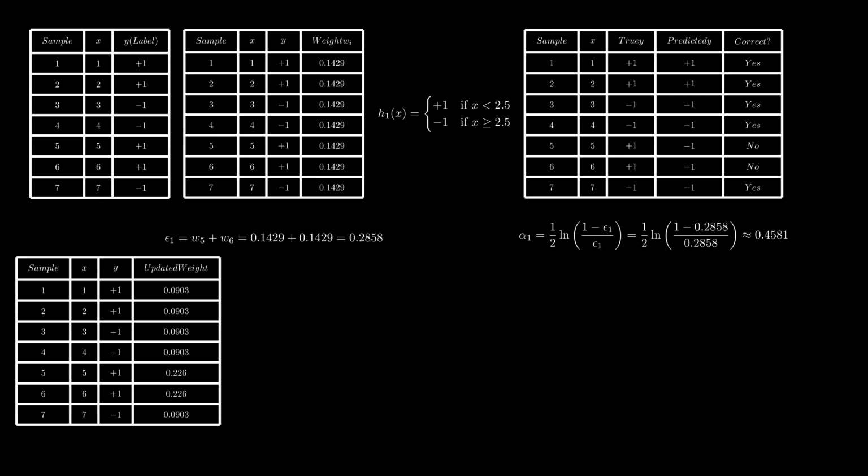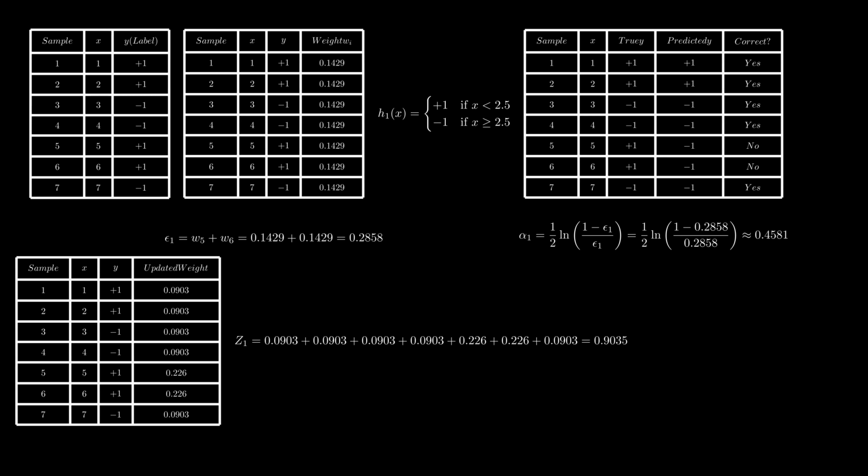Now, we update the weights of the samples. Misclassified samples get higher weights, while correctly classified samples get lower weights. Here are the updated weights before normalization. To normalize the weights, we first calculate the normalization factor Z_1, which is the sum of all updated weights.